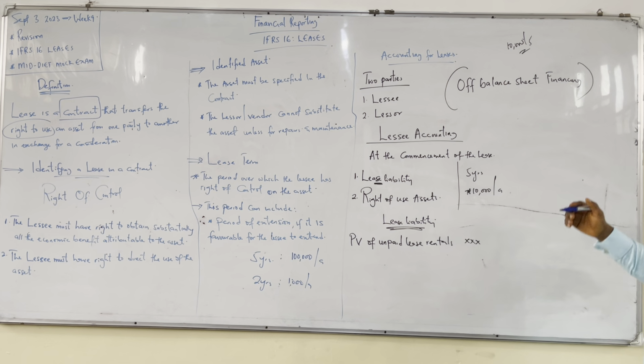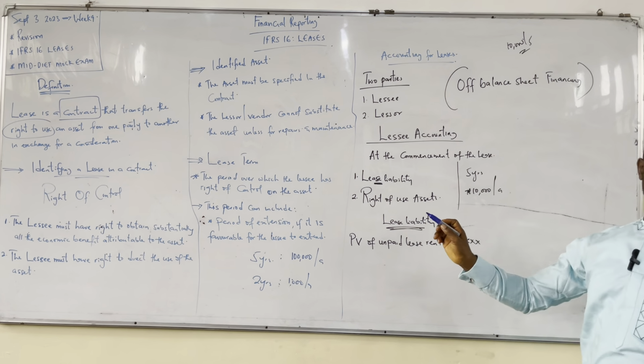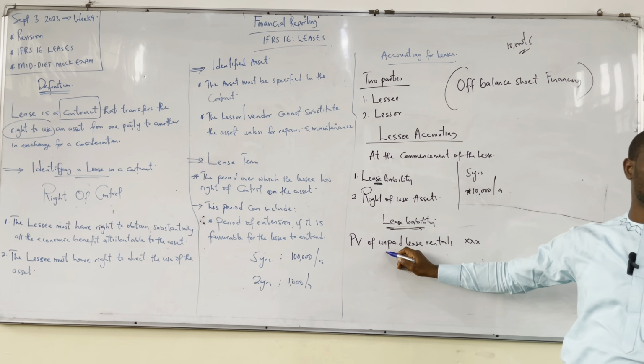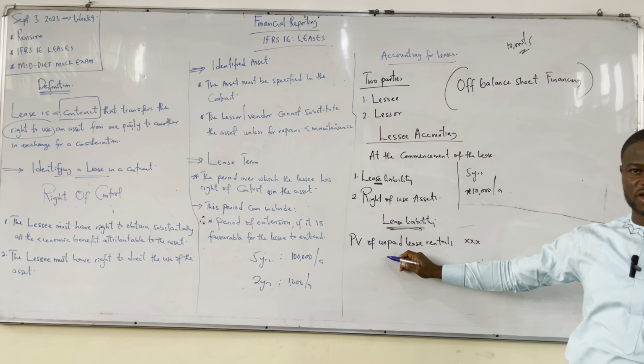So in that scenario now, the liability is not 10,000 over 5 years again. It's just 10,000 over how many years? Just 3 years. The three 10,000 naira remaining. Okay? So what we are concerned about is not the PV of the total lease rental, but the PV of the what? Unpaid lease rental.